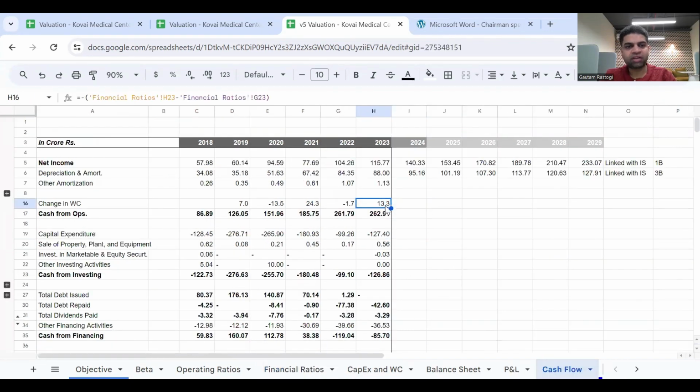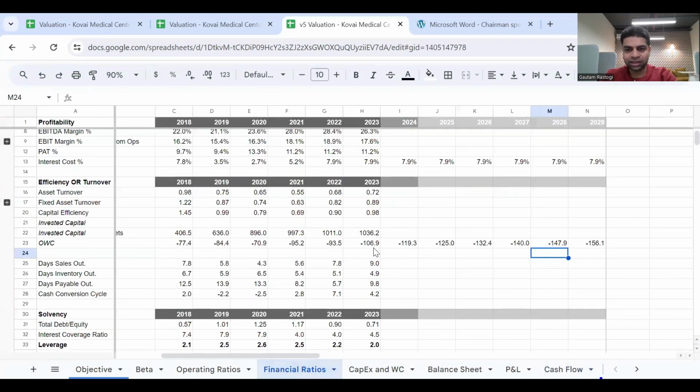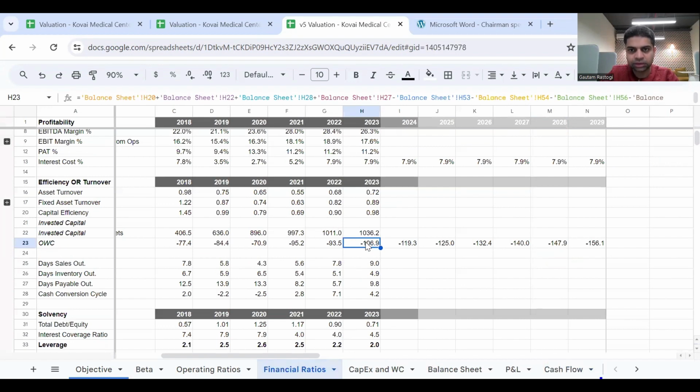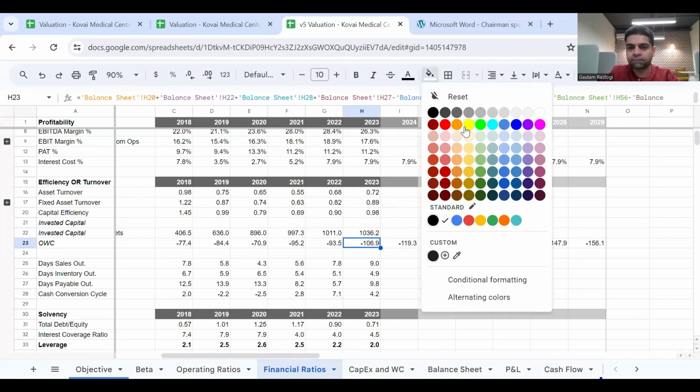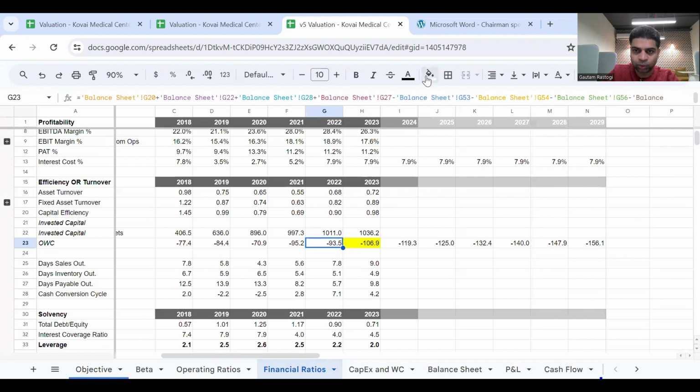We've already estimated the change in working capital for the previous years, which is H23 minus G23. So this is this line item minus this one. This is the difference between the two.